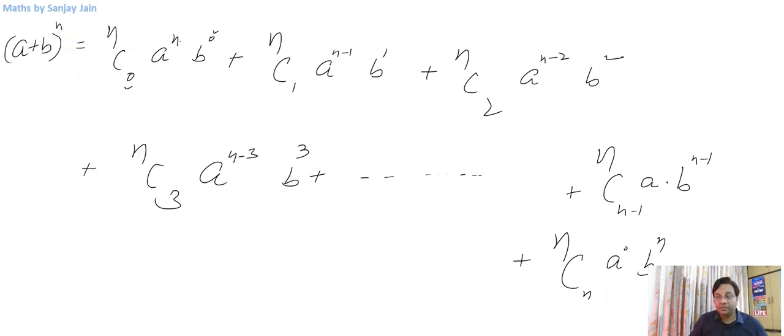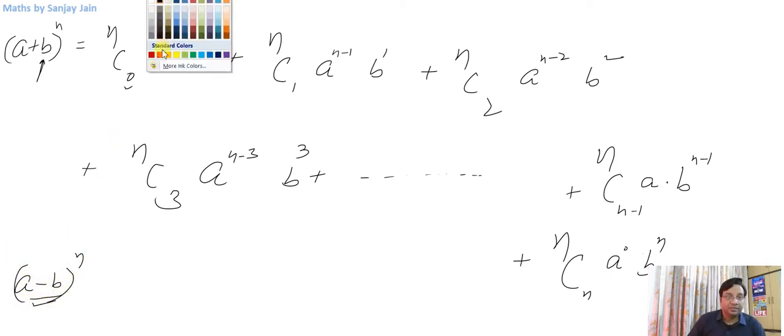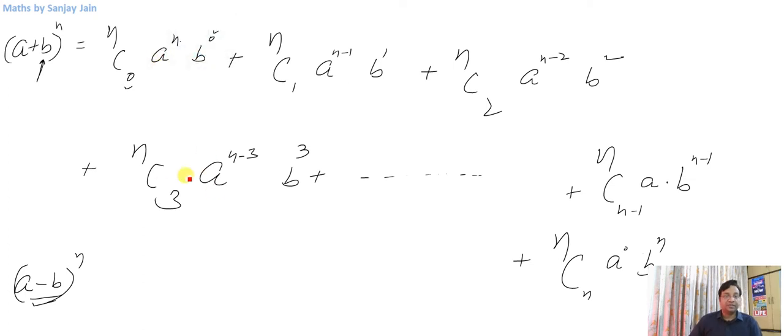So this is the formula that I have written. Now we will do some things with this formula. One of the things that we will do is replace this b with minus b. So (a-b) raised to power n, we will write a formula for this. I will not write a separate formula. Let me show it to you here itself. When I replace b with minus b, I'll have to replace it everywhere on the right hand side.